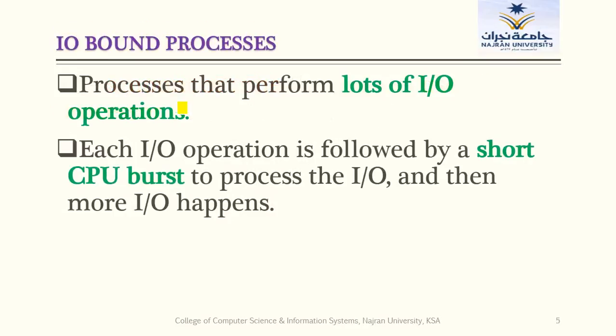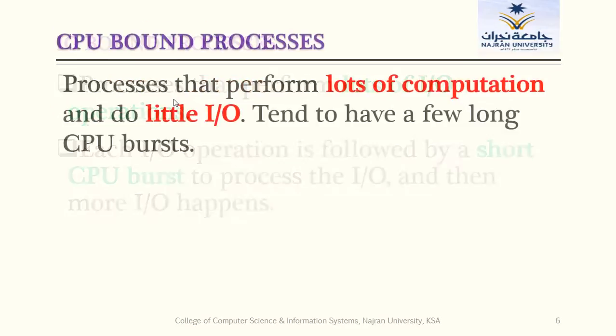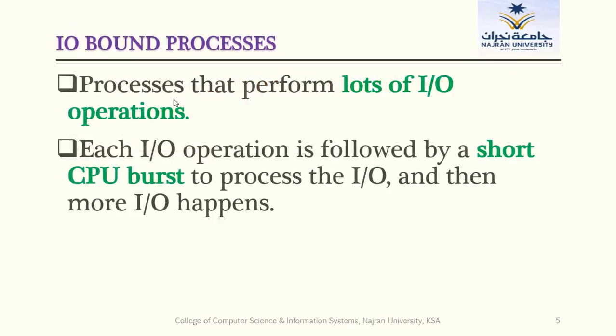Then we have seen the difference between IO bound process and CPU bound process, and we said the process that performs a lot of IO operations followed by a short CPU burst. So here we have two things, computation and IO operation.